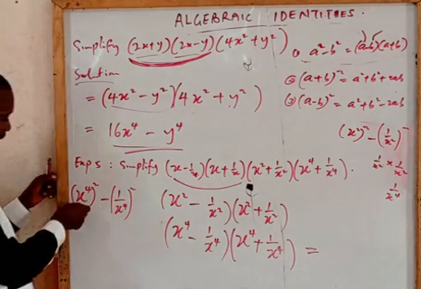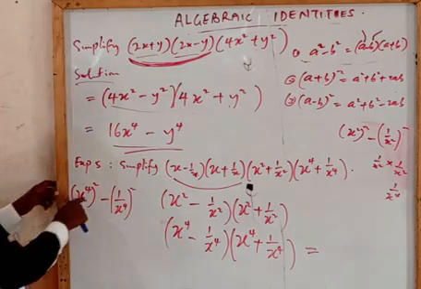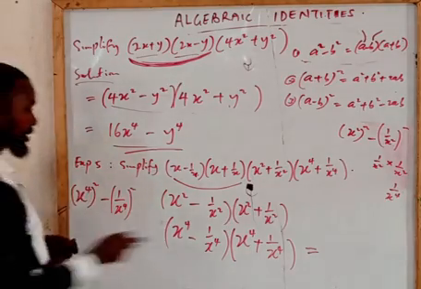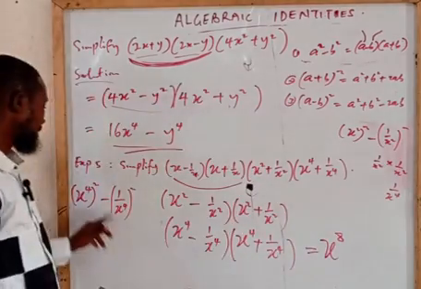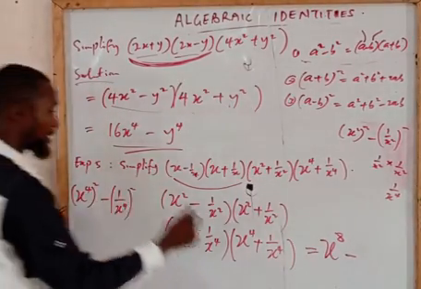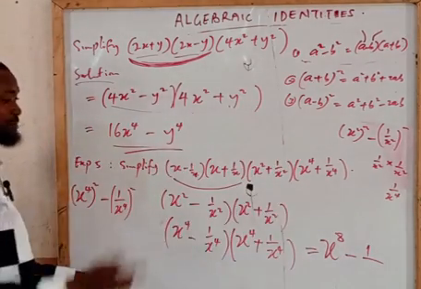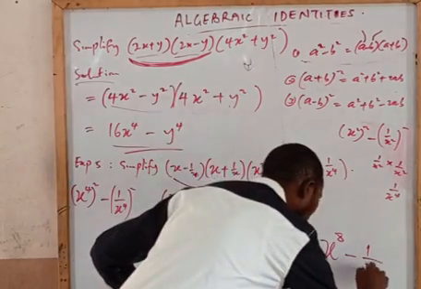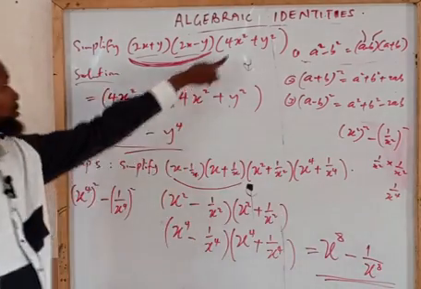Now what is x raised to the power 4 times x raised to the power 4? We simply can say 4 times 2 is 8. So this result becomes x raised to the power 8 minus 1 over x raised to the power 4 times x raised to the power 4, and we know that gives 1 over x raised to the power 8. This is the answer to this question.